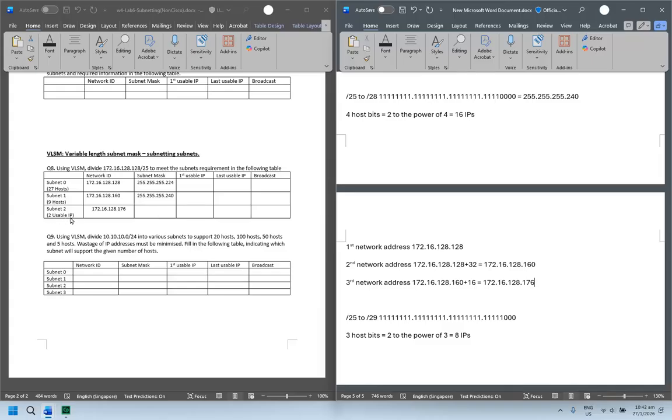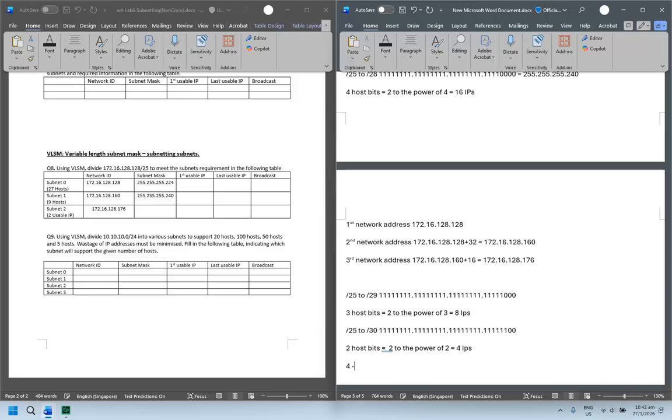For subnet 3, you only need 2 IP. So from /29 you have 8. So let's try out from /25. Let's change to /30. So for /30, 25, 26, 27, 28, 29, 30, followed by 2 host bits, which equals 2 to the power of 2, which equals 4 IP.